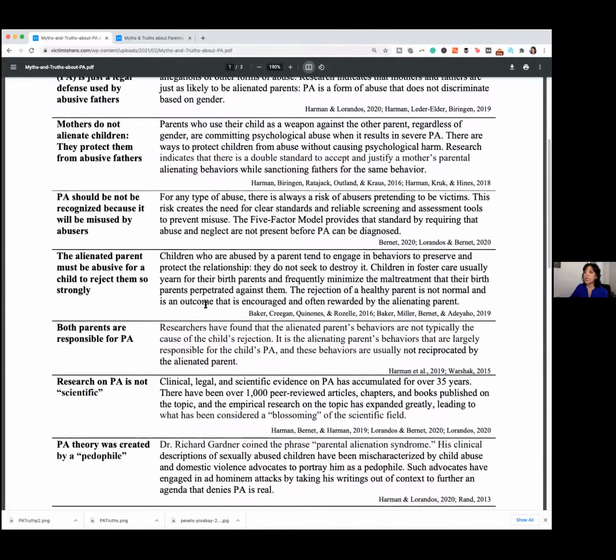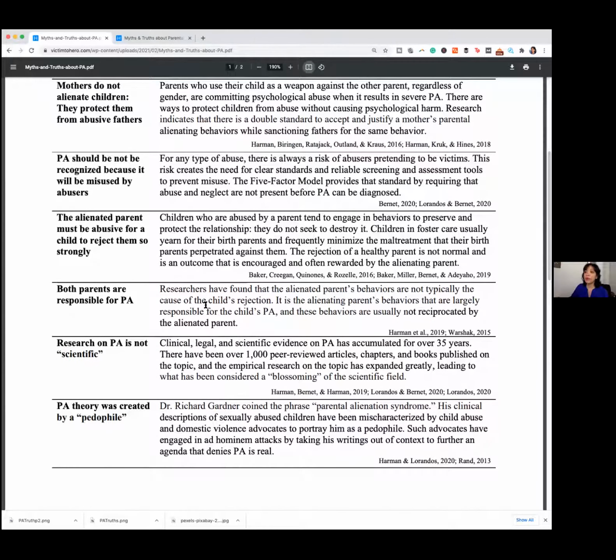Okay, the next item says both parents are responsible for parental alienation. Researchers have found that the alienated parents' behaviors are not typically caused by the child's rejection. It is the alienating parents' behavior that is largely responsible for the child's alienation, and these behaviors are usually not reciprocated by the alienated parents.